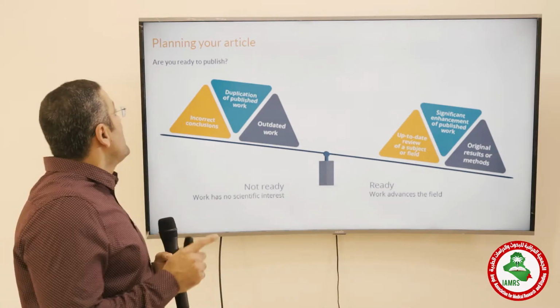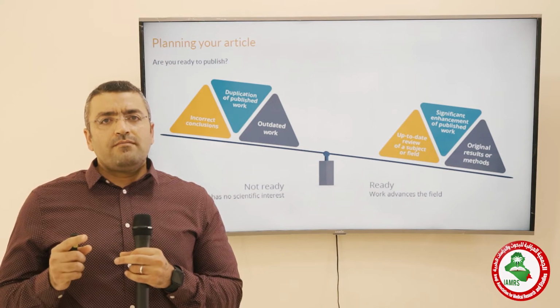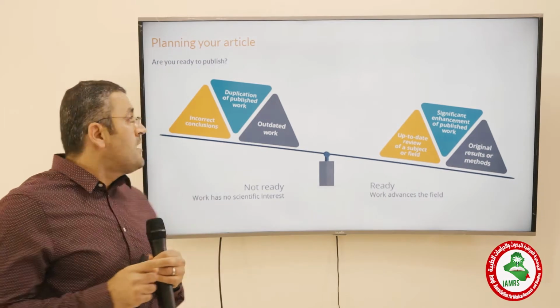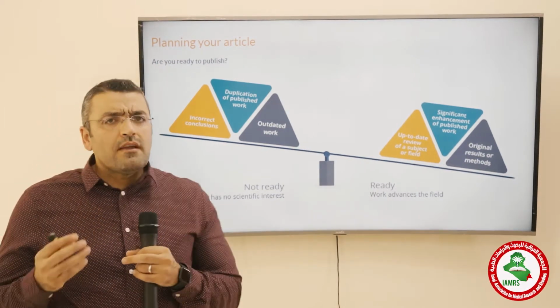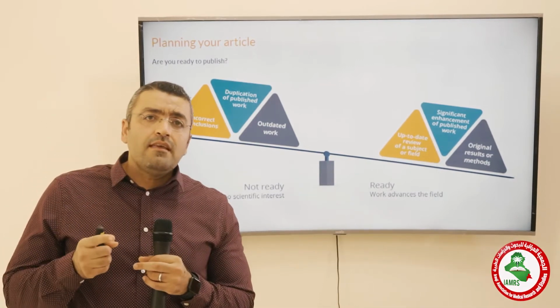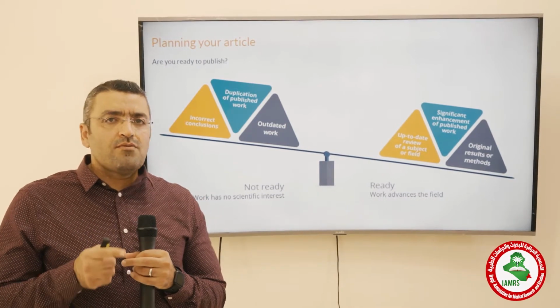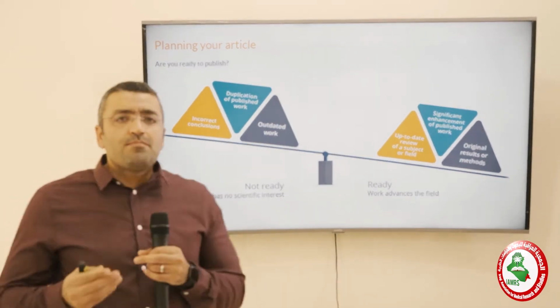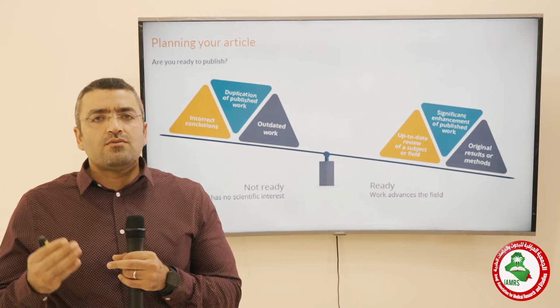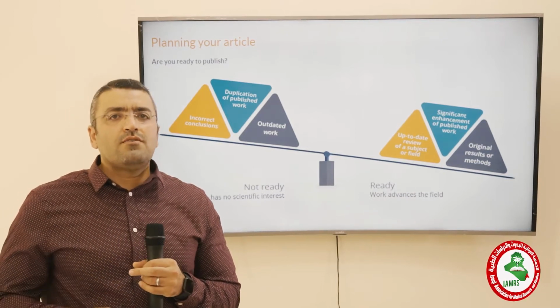So when are you ready to publish? This is a very important question. If you are submitting incorrect conclusions, or if you are duplicating a previous work exactly, or you are presenting outdated work or old data, then you are not ready for publication.